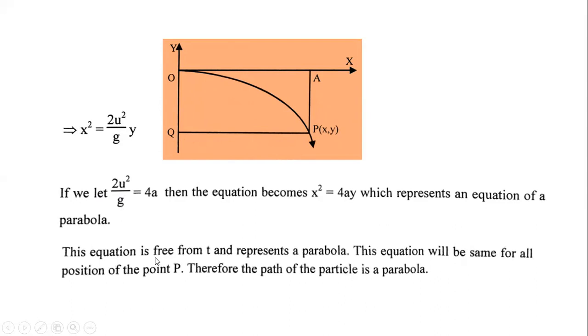This equation is free from t and represents a parabola. This equation will be the same for all positions of the point P. Therefore, the path of the particle is a parabola.